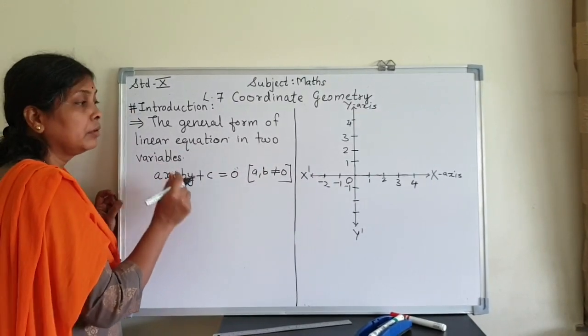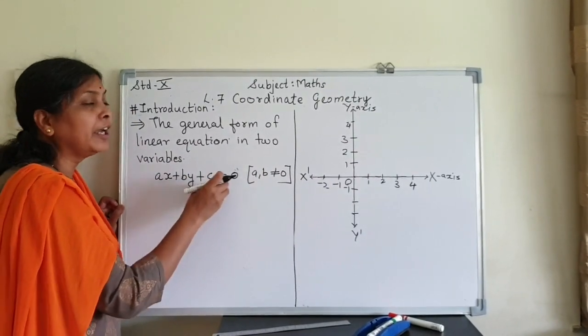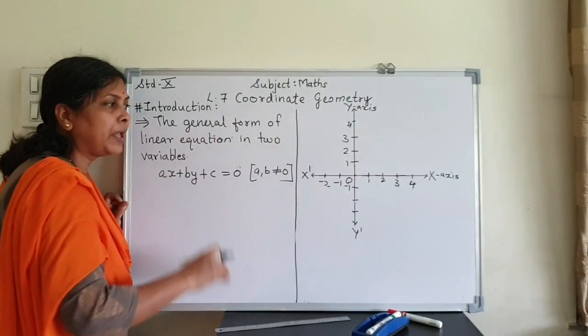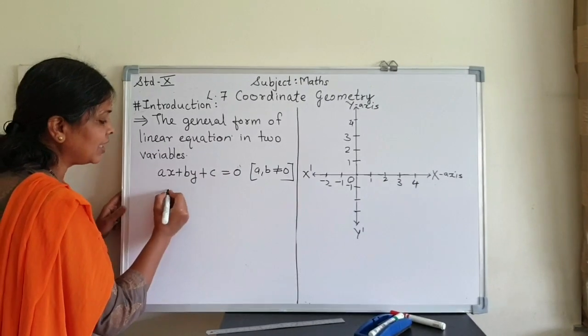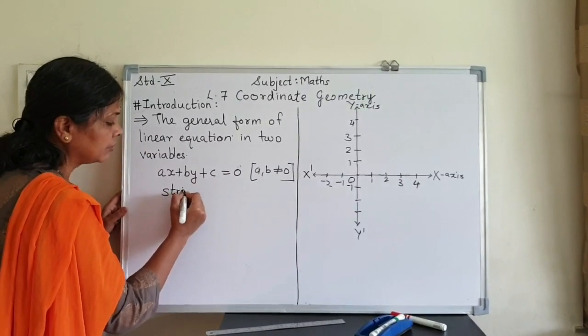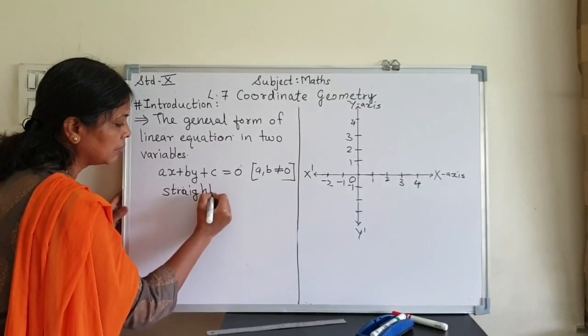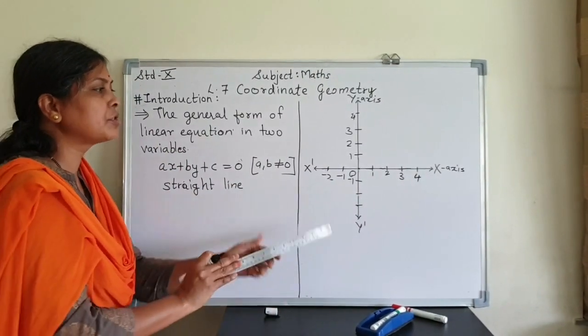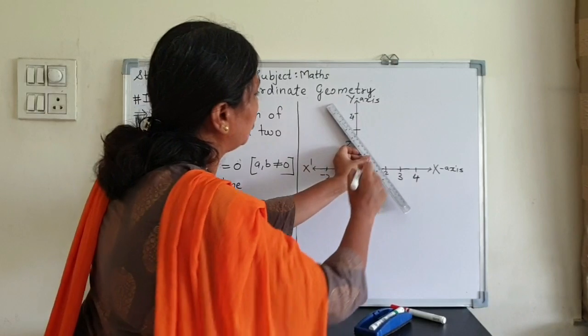Here, how do we get the graph of this linear equation in two variables on the coordinate plane? It always gives us a straight line. It could be a straight line depending on the coordinates.